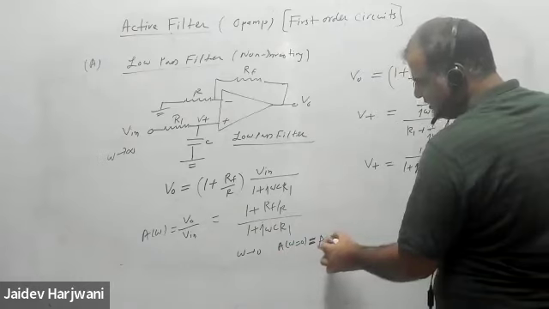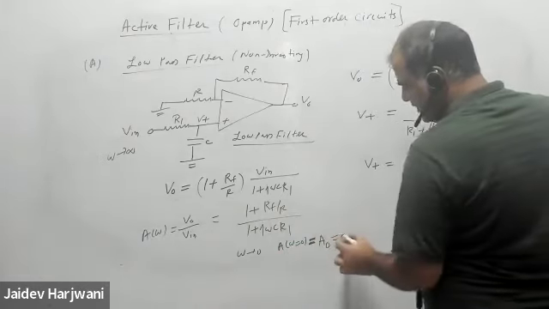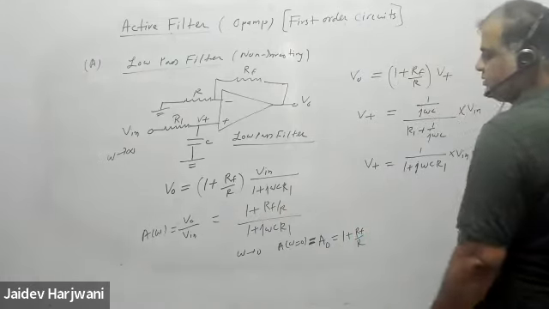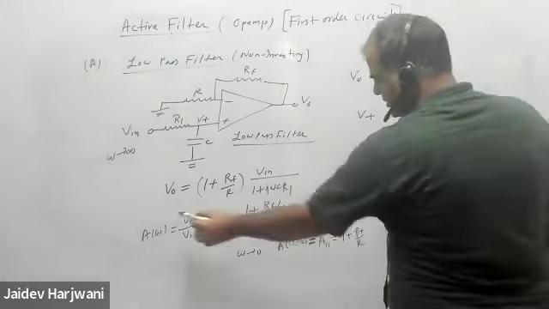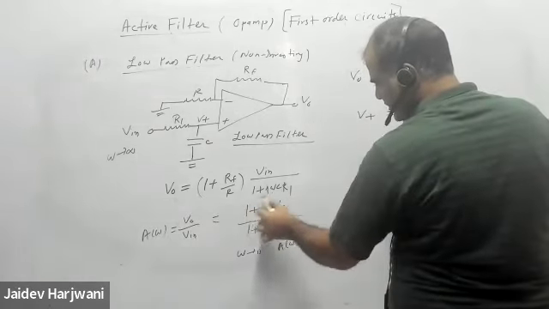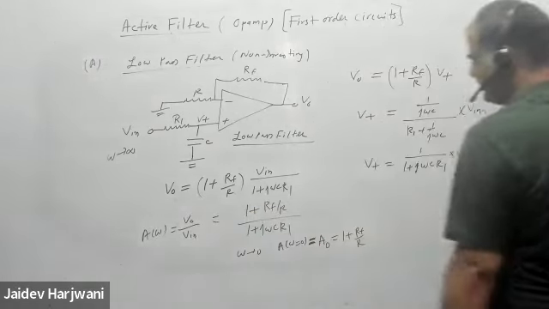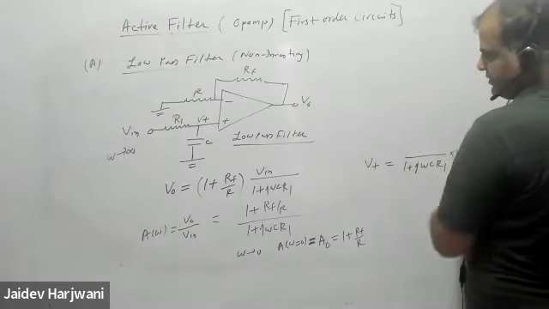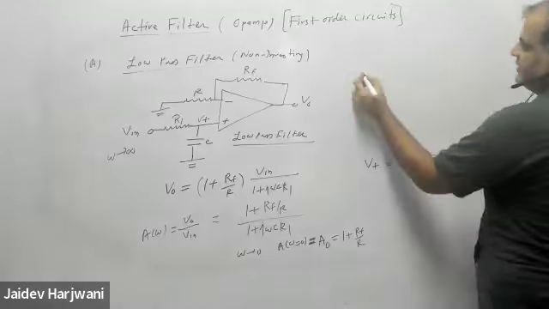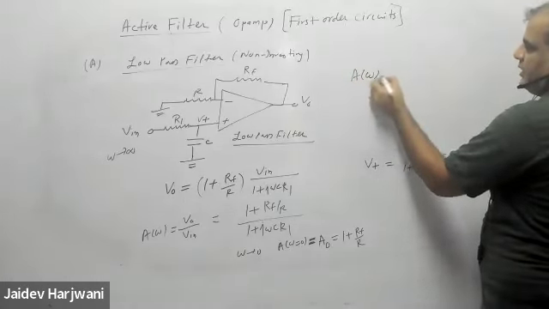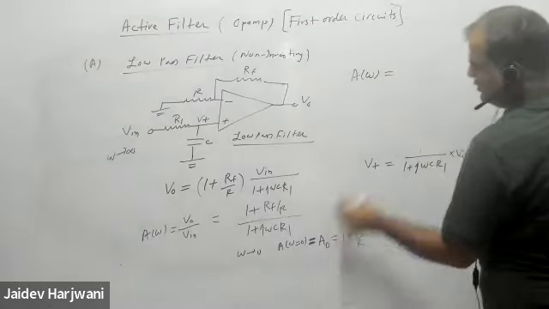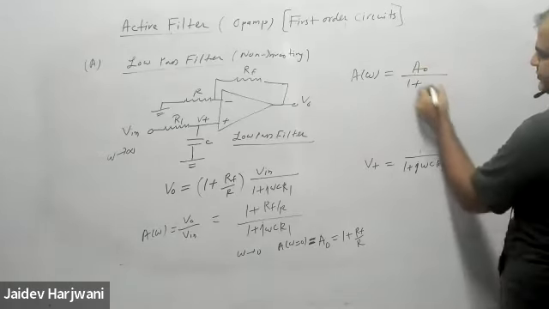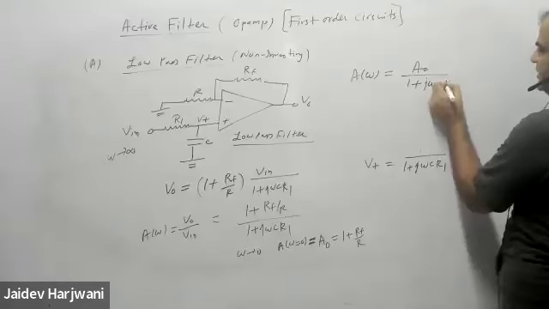You can write A0, ADC, which will be equal to 1 plus RF upon R. If I put 0 here, gain at 0 frequency will be A naught, which is 1 plus RF by R. So this expression of gain also can be written as A naught upon 1 plus j omega C R1.